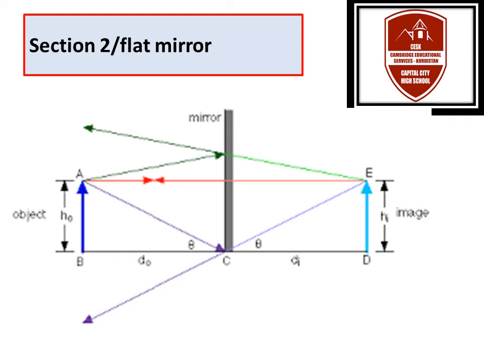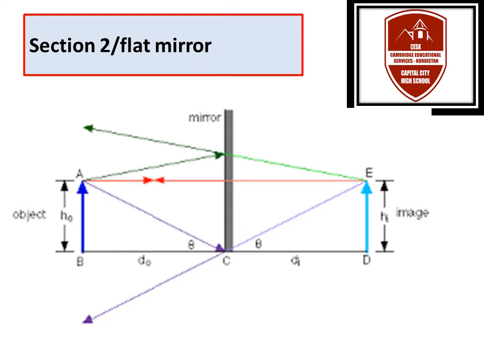What else? Because the image is behind the mirror, this is virtual. Again, the properties of an image in a flat mirror: virtual, same size, upright. How do you know it is upright?